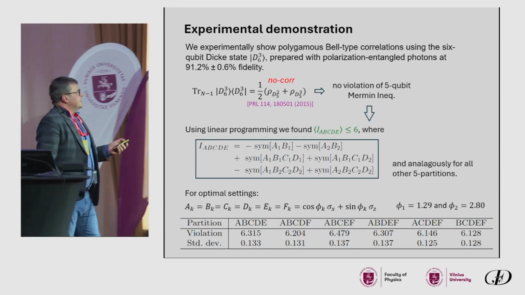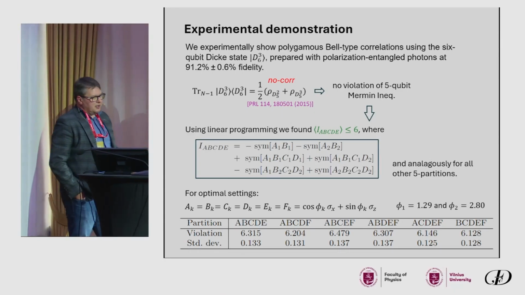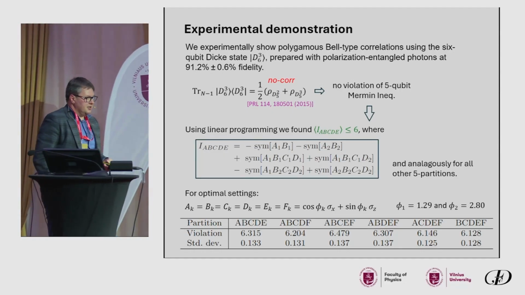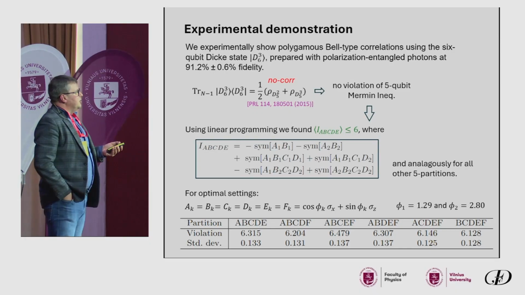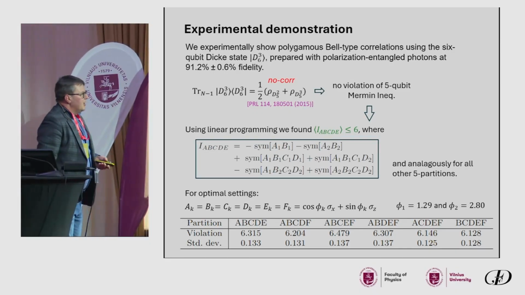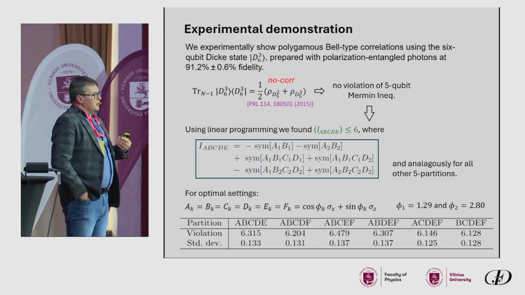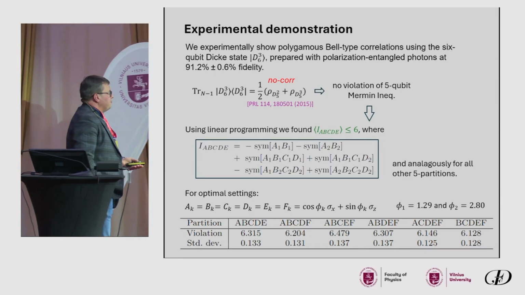And the state has the very strange property that it does not contain 5 qubit correlations, which are necessary to violate 5 qubit Mermin inequality. Okay, because 5 qubit Mermin inequality is expressed in terms of 5 qubit correlators only.